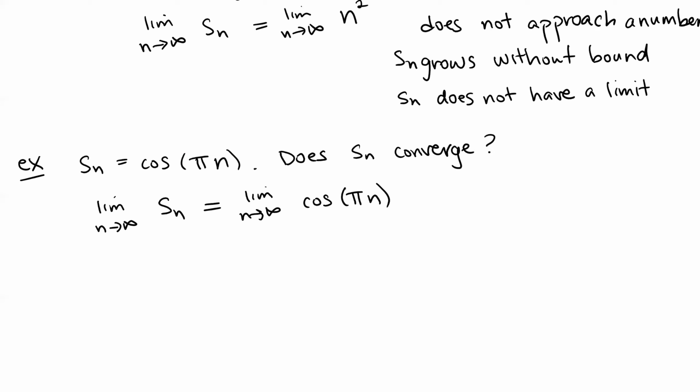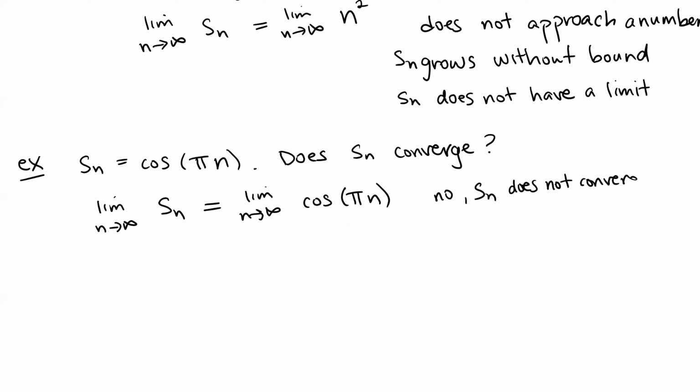All right, so one of the ways that we can see if it converges is we can look at the limit as n goes to infinity of Sn. When n goes to infinity, what is Sn? Well, Sn is cos pi n. So we're wondering, does cos pi n get closer and closer to some number? If it's not easy to see from this, we're going to see that no, Sn does not converge.